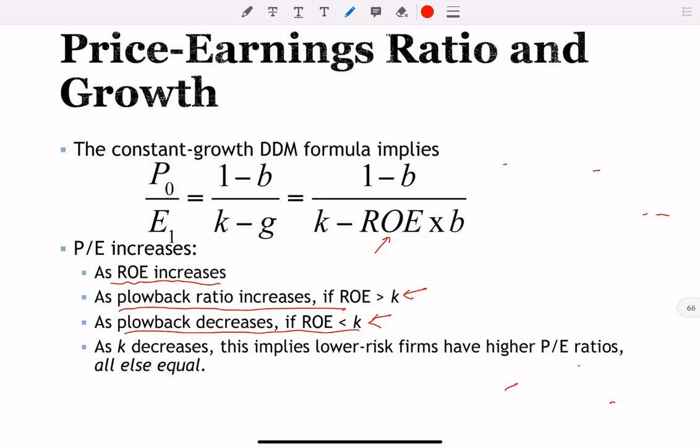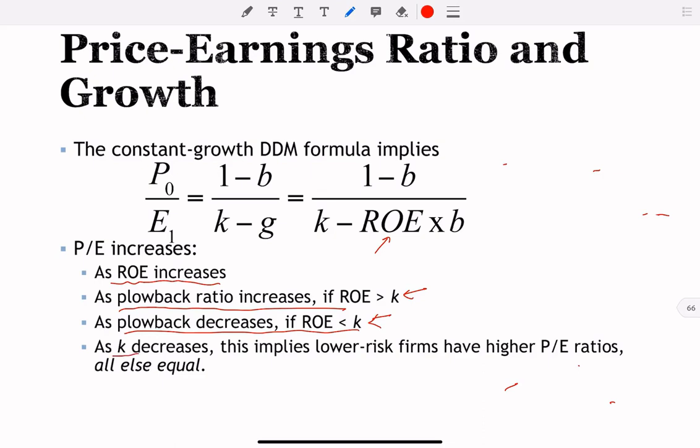So if the firm decreases plowback ratio, then the firm is wasting less money on negative NPV projects. So the firm's stock price should increase, which means PE ratio should increase.